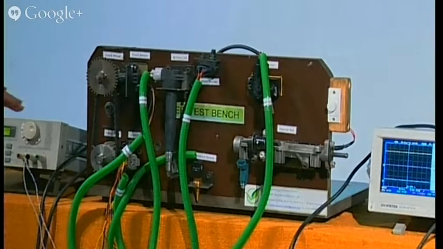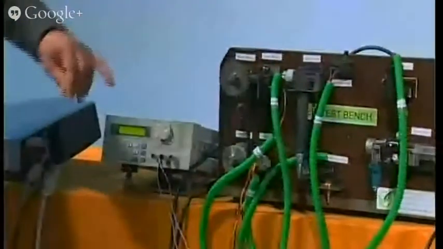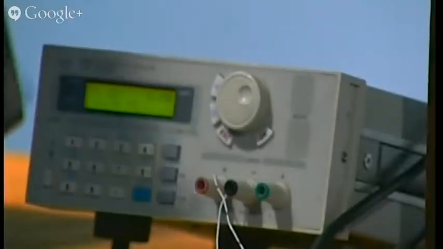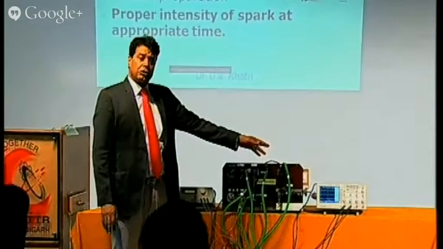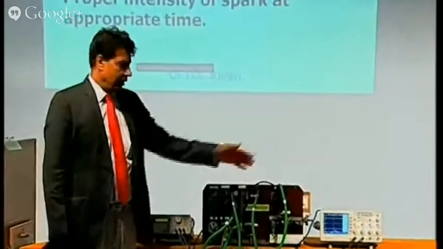This is the power supply, because most of the sensors require 5 volt or 12 volt, so this gives the supply. And then we have the oscilloscope to display different signals and outcomes of the different sensors.